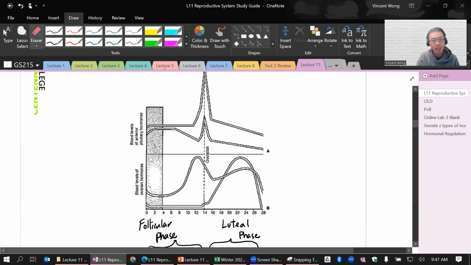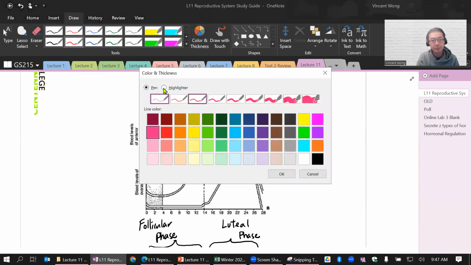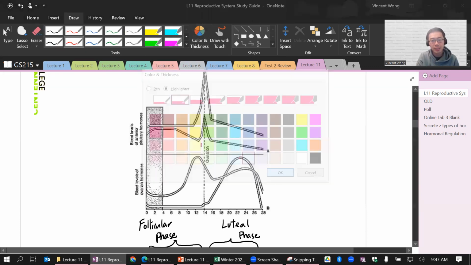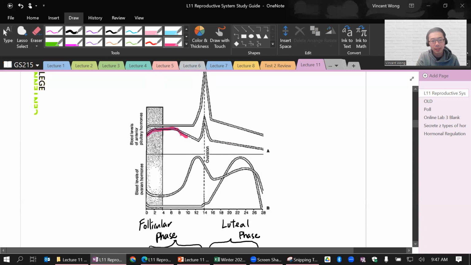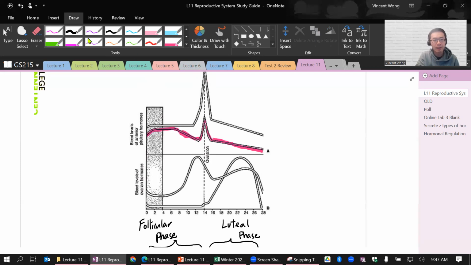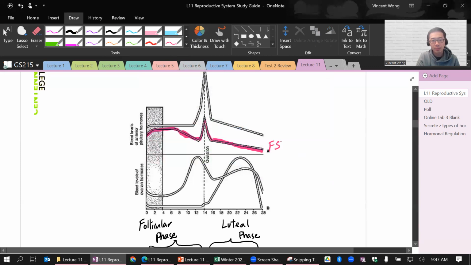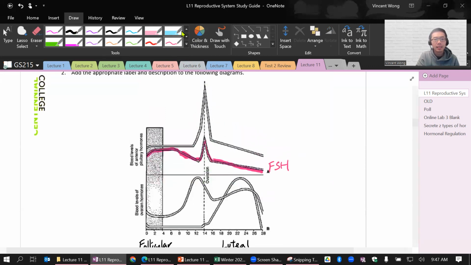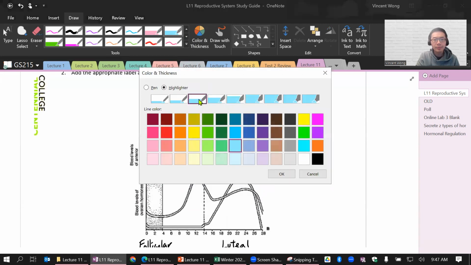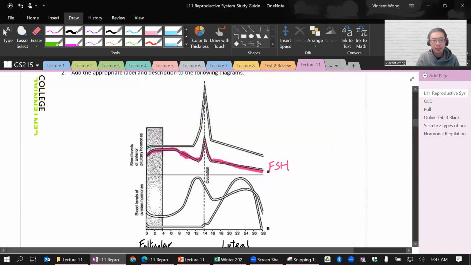Okay, so over here, we'll color them, I guess. Right here, that's gonna be the FSH, follicle stimulating hormone. And then this one over here, that's gonna be the LH.